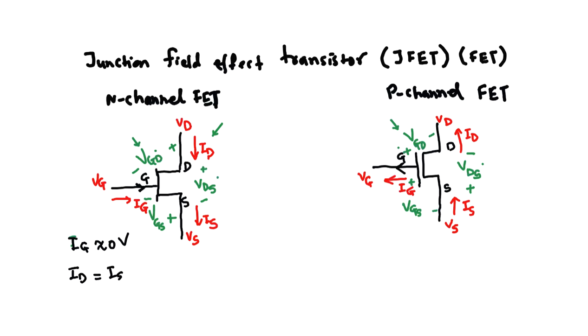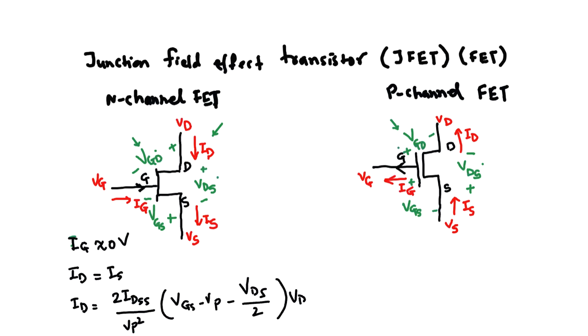Then you write ID is equal to 2IDSS divided by VP square, in brackets VGS minus VP minus VDS divided by 2, multiplied by VDS. This is the expression for the drain current in the linear region.